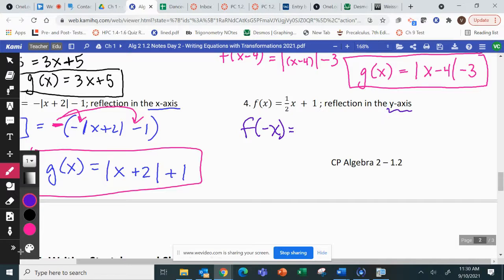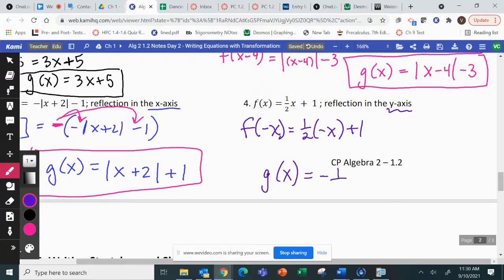Going back to this, this means replace x with negative x in parentheses. So 1/2, parenthesis, negative x, close parenthesis, plus 1. Is there anything I can simplify? Can I multiply 1/2 times negative x?